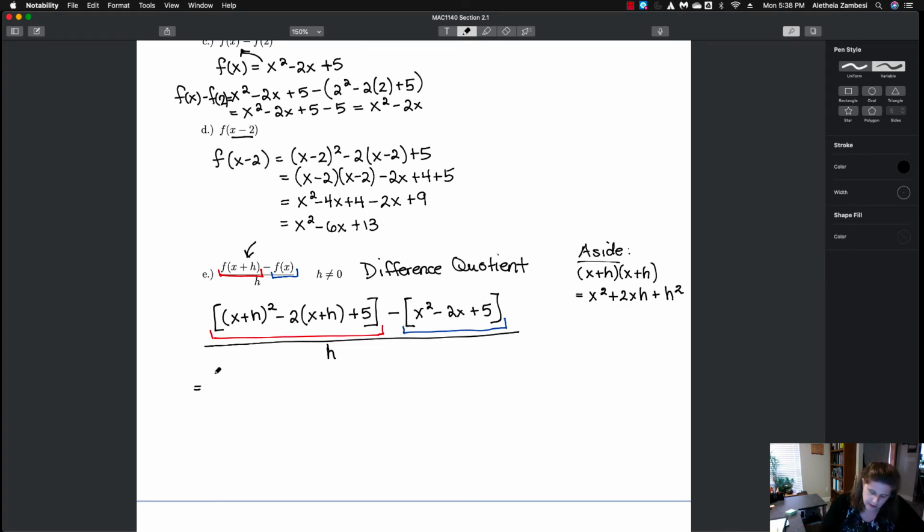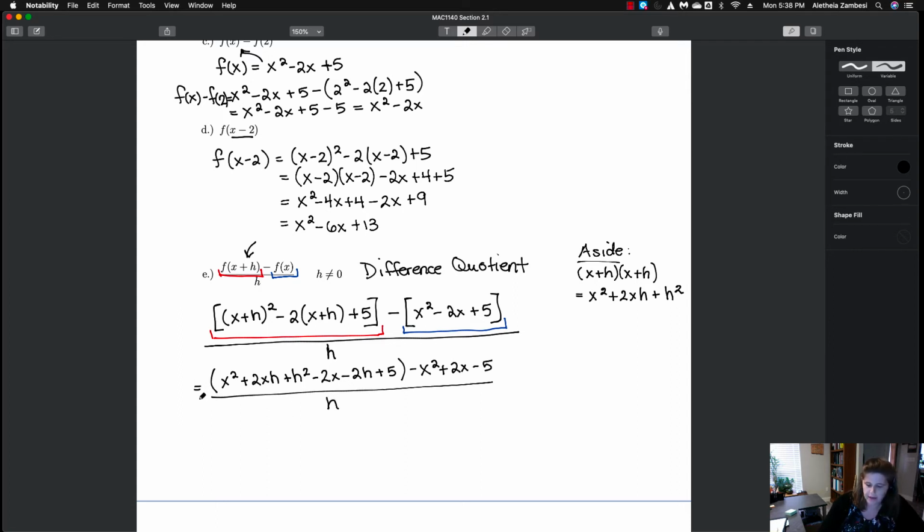So simplifying, x squared plus 2xh plus h squared, distributing the negative 2, minus 2x minus 2h plus 5, and I'm going to distribute this negative, so minus x squared plus 2x minus 5 all over h.